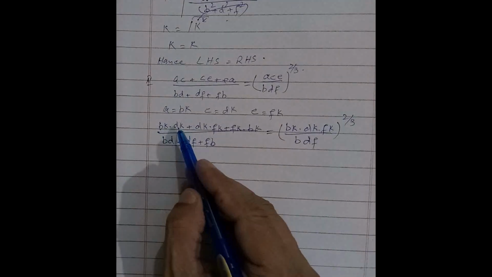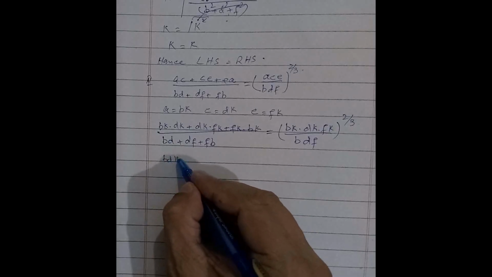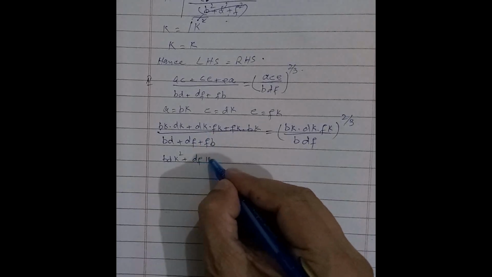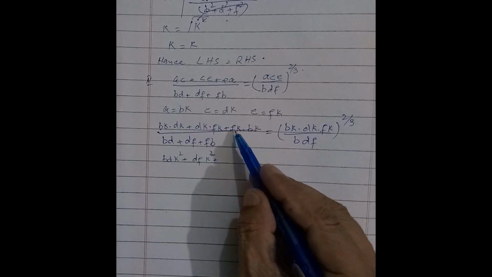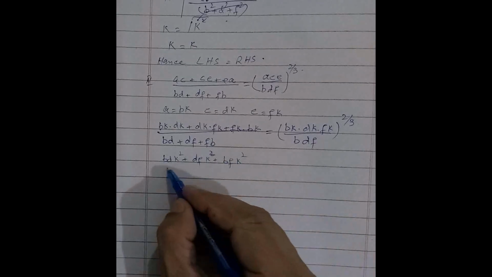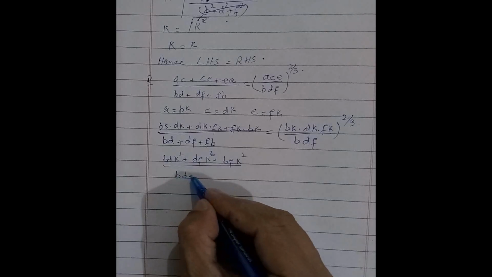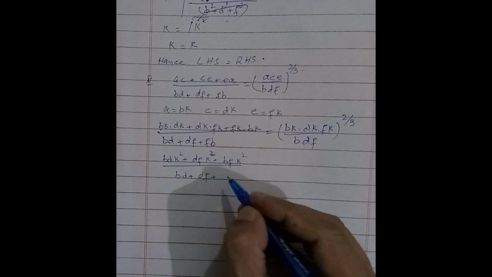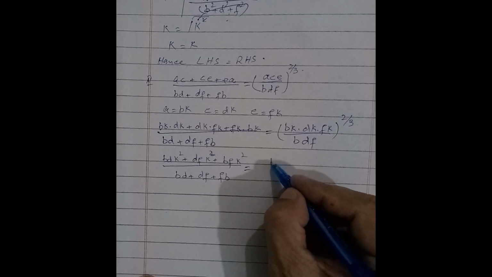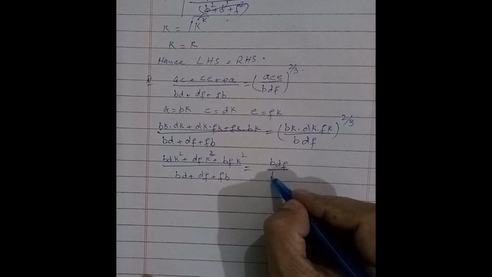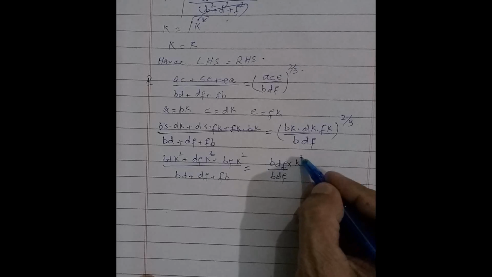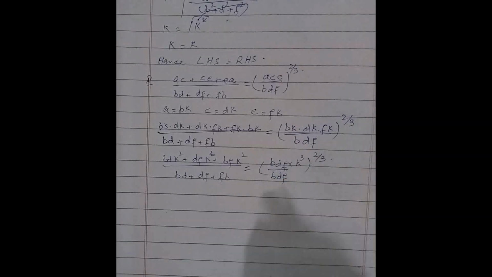We get BK multiplied by DK, we have BD k whole squared, plus DK into FK, we have DF k squared, and the last is FK multiplied by BK, we have BF k whole squared, over BD plus DF plus FB is equal to, these values we multiply, we have BDF over BDF into k cubed, and whole power 2 over 3.